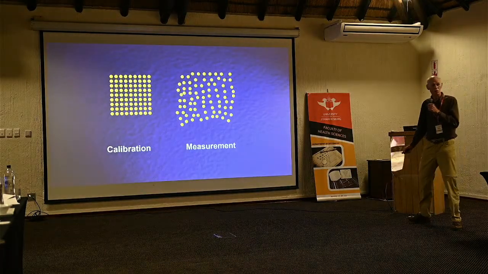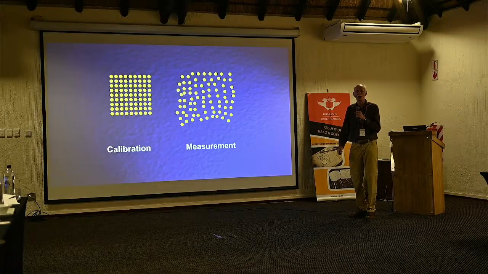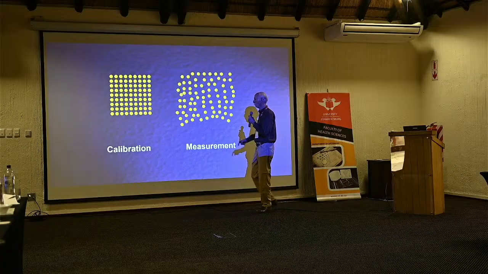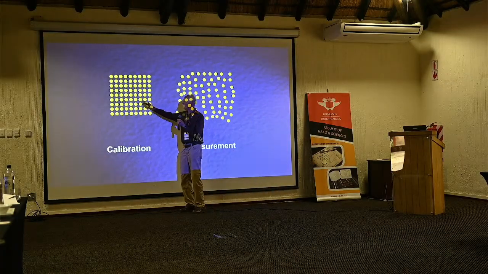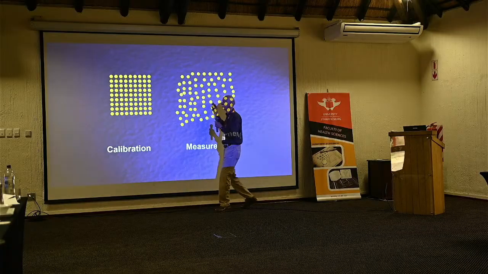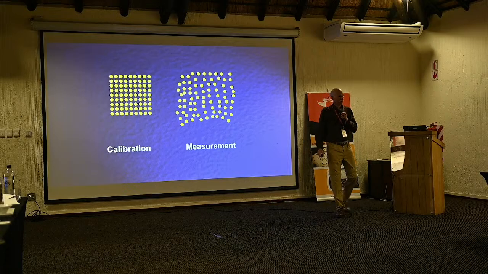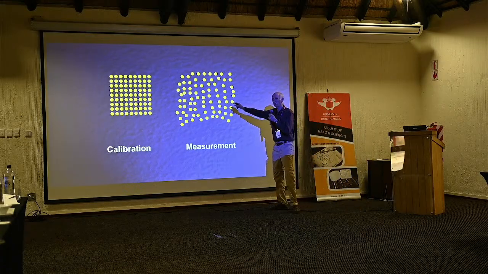Let me back up. There's a problem in this technology, even though it's super fast because you do all the spots at the same time. You have what's called the correspondence problem. Which of these dots corresponds to, let's say, that one? That's where the hole was, but which of these many spots corresponds to that one? That can be kind of tricky figuring it out, especially if these dots move a lot because there are lots of aberrations.